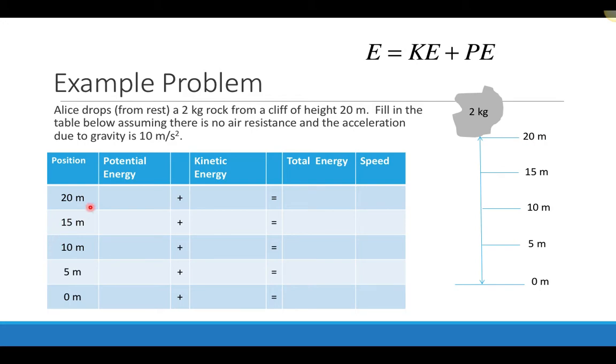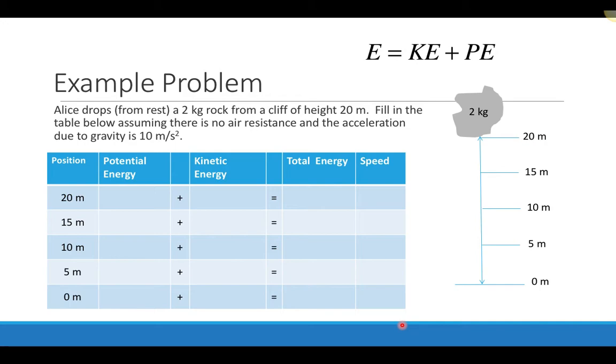Basically, at these different heights, we want to determine what is the potential energy, what is the kinetic energy, what is the total energy, and how fast is this rock moving. In talking about motion in previous lectures, you certainly had objects which were dropped, and you could figure out how far they fell and how fast they were going in certain intervals of time.